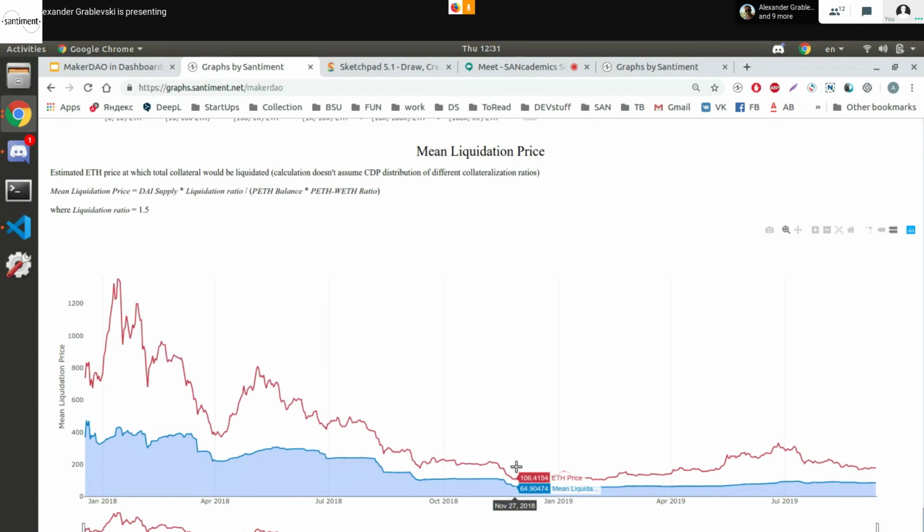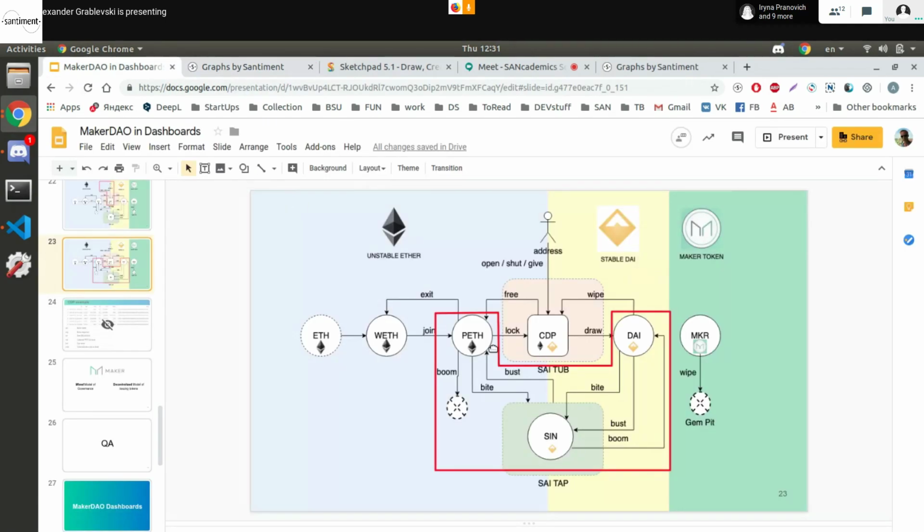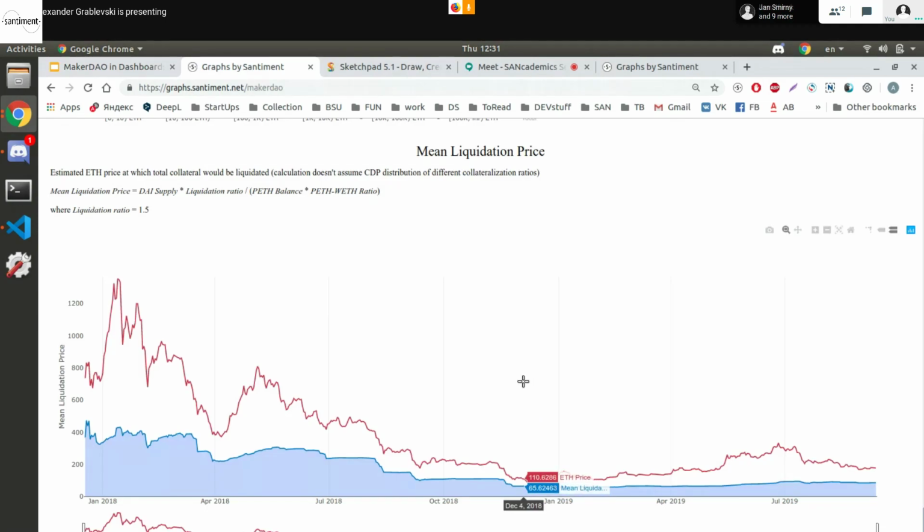It means that at this point the system becomes less safe, and we could expect some more liquidations, or maybe some people who issue some DAI want to protect themselves, and they will lock more Ether into their CDPs. So that will lower the liquidation price.